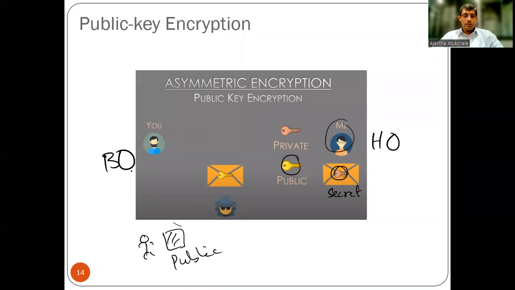Whenever a branch office sends some document, let's say you are banking or just normal buying and selling, you have some data in the document management system. This is not email, this is not web, just a document management system. Then you can say everyone should encrypt using the head office public key and send it.